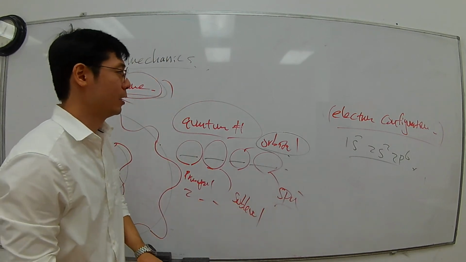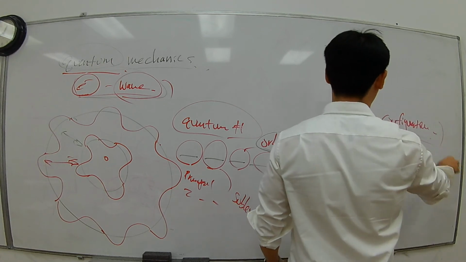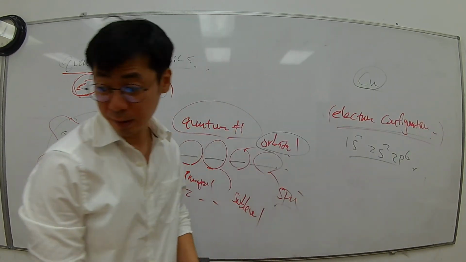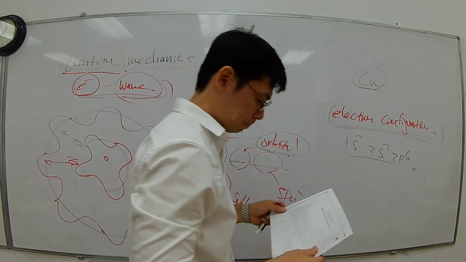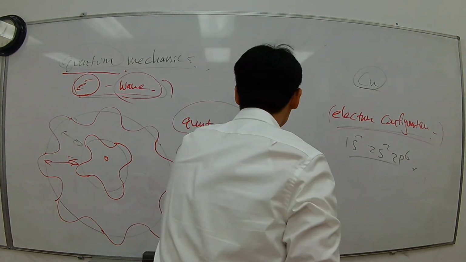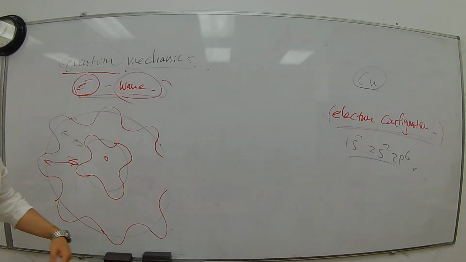For example, guys, if the question is asking you to find the electron configuration for copper, which is number 29, you have to kind of go in.